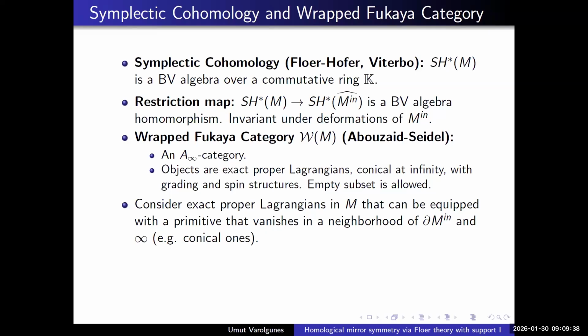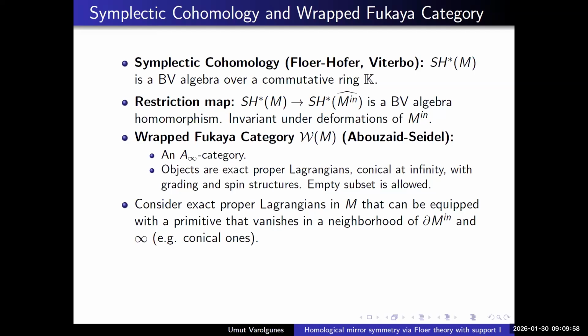This point is very carefully explained in the original paper, Abouzaid-Seidel. Because of this condition, these maps are often dubbed in the literature as strange maps, even though they're not strange, they just need some constraint to be defined. I think they're pretty interesting maps.